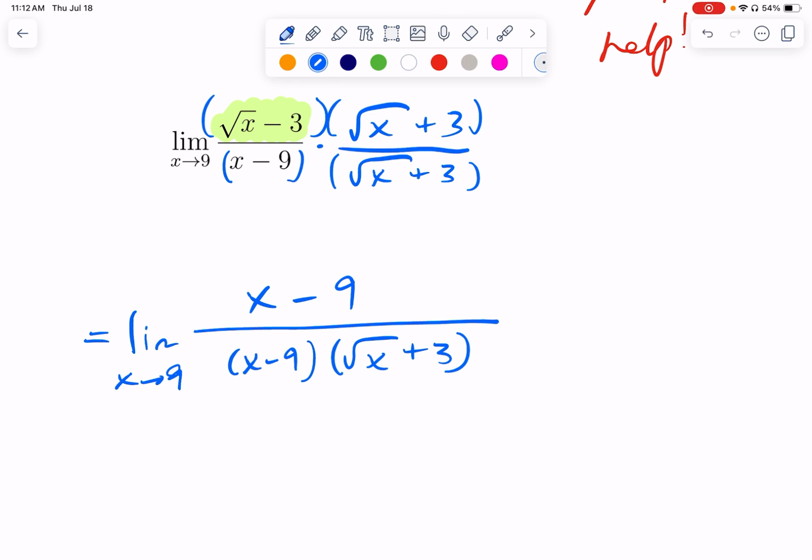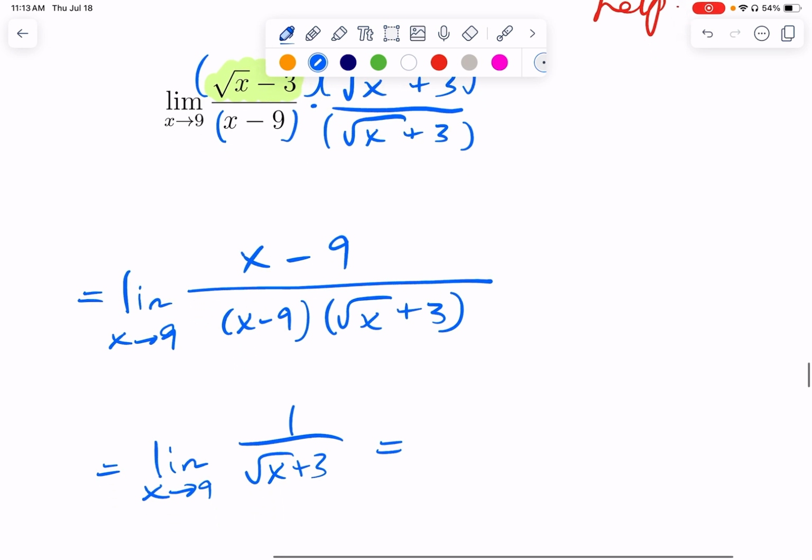We notice we have the same factor in top and bottom that can be canceled. So this is the limit as x goes to 9 of 1 over root x plus 3. And now we can do this intuitively by plugging in. This is 1 over the square root of 9 plus 3, which is 1 over 6.